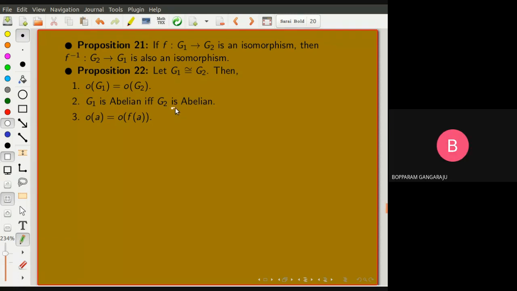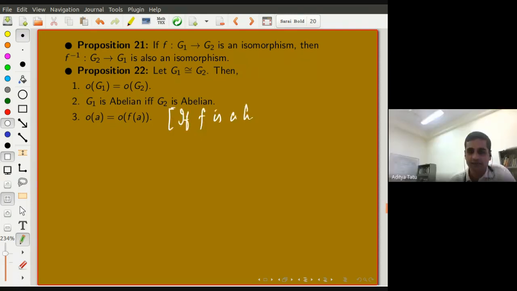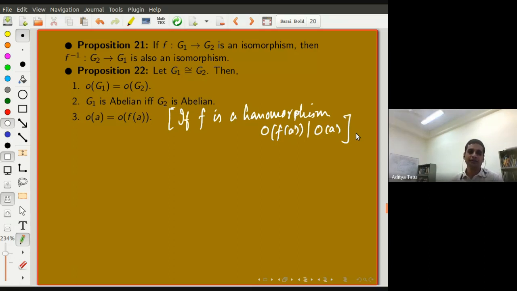If f is a homomorphism, then the order of f of a divides the order of a. Now, can you give me a one-line proof for this statement, that the order of a equals the order of f of a?